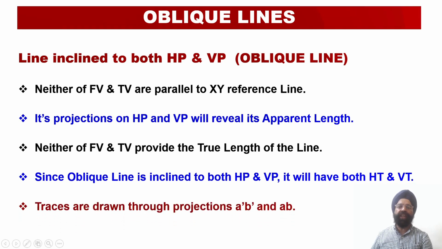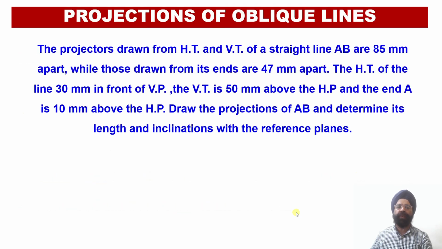Another thing we need to remember is that the traces should be obtained through the projection lines a'b' and ab, and never through the true lengths of the line. They will be obtained only through the projections of the line in the front view as well as the top view.